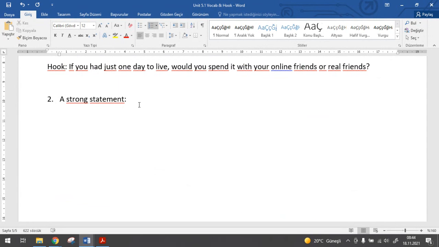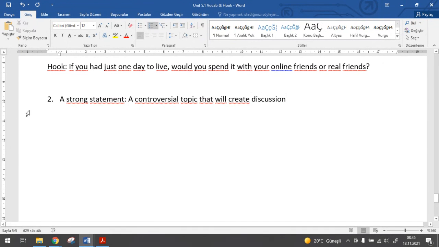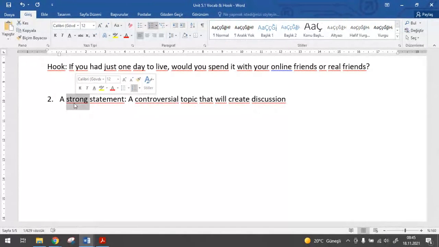Usually strong statements are controversial topics, a controversial topic that will create discussion. The word strong is important here. Not soft, not light, but a strong statement.